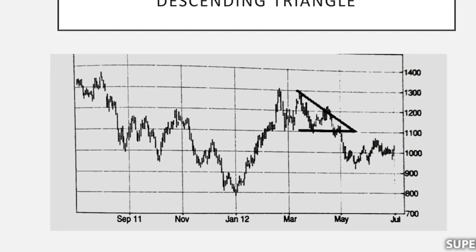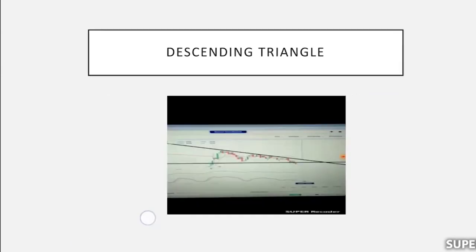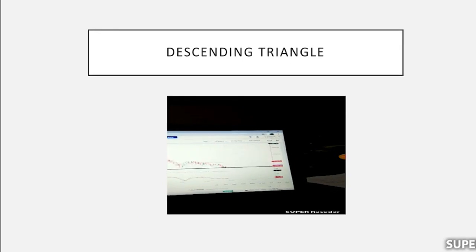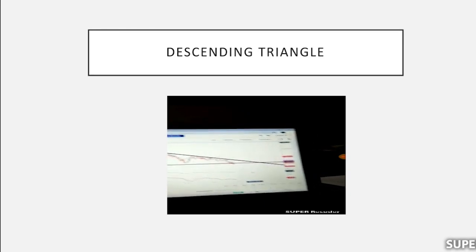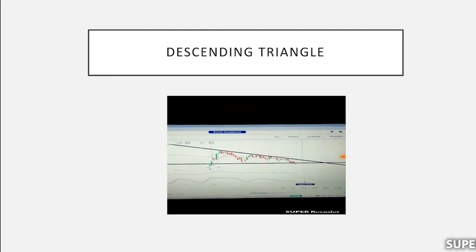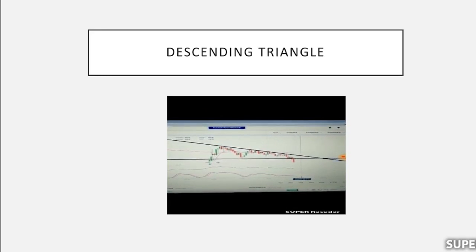Here you can see a breakout towards the downward side. Here you can see a descending triangle. This is a live chart taken by our Ladit sir. Here you can see the breakout.